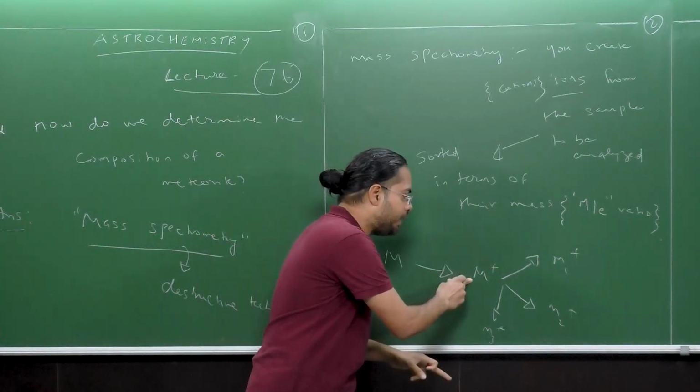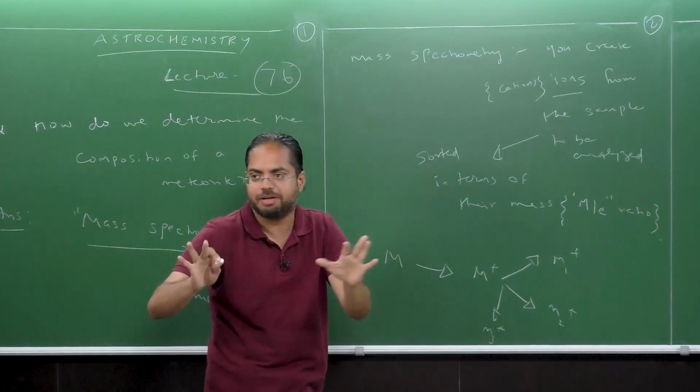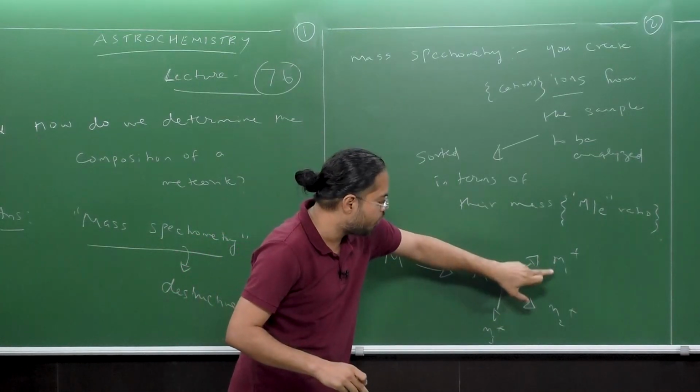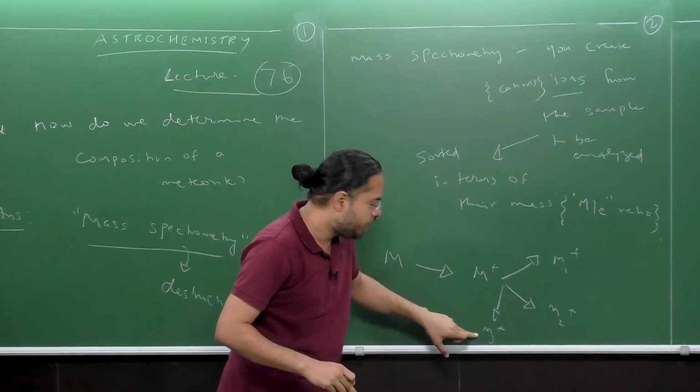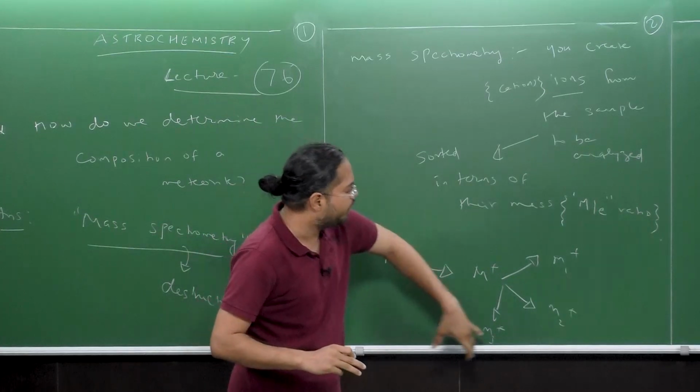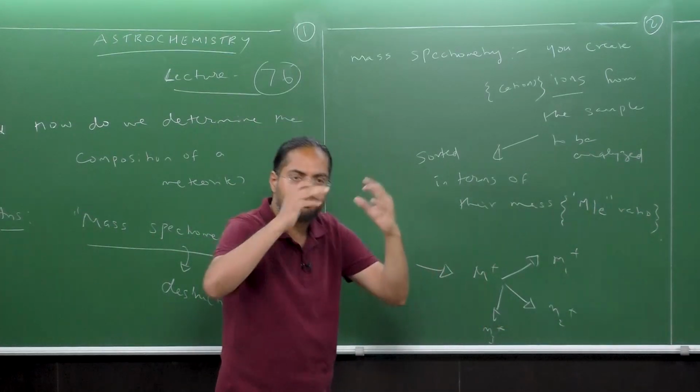By the way, this is a capital M and these are all small m. If the handwriting was bad, please note it: capital M, and small m1, small m2, and small m3. This is the parent ion, and you get all these fragments which are produced from it.